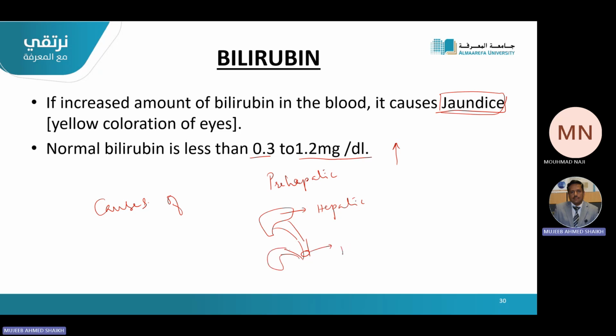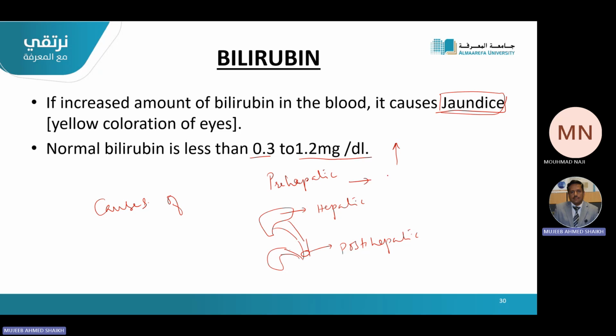This is called post-hepatic jaundice. So three types of jaundice are there. All these conditions will have yellow discoloration, but the causes can be classified as etiology before the liver, called pre-hepatic jaundice.